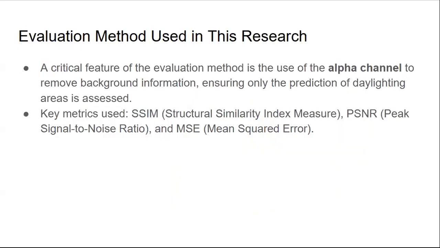To evaluate the performance of our model, we used the metrics SSIM, PSNR, and MSE. SSIM is particularly important for this task because it measures how well the predicted images capture the structure of the real ones.